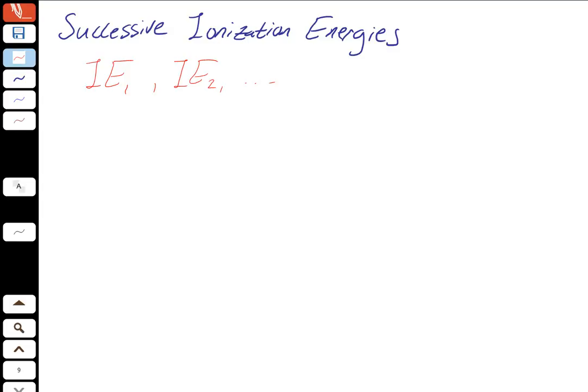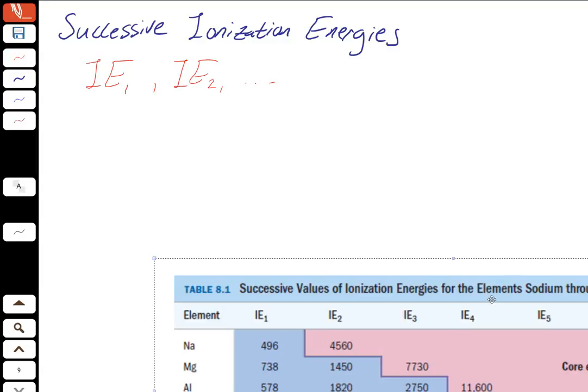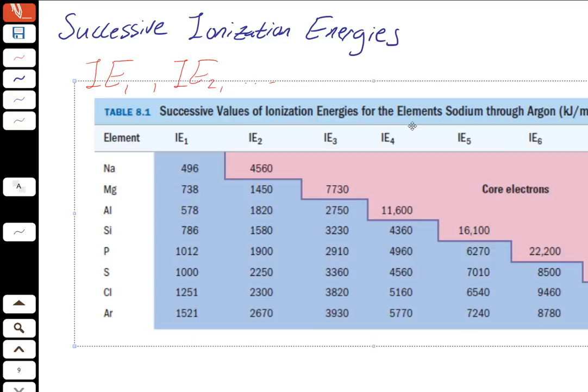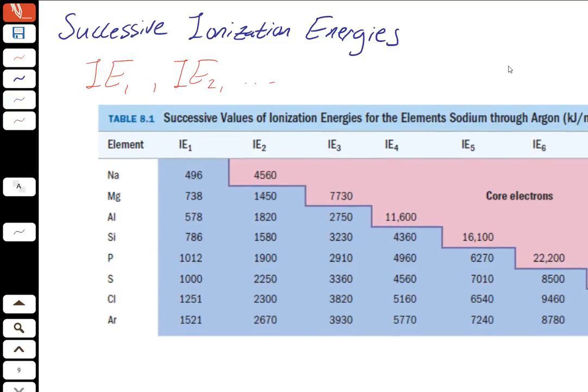So here's a table of successive ionization energies for third row, third period elements. Okay, so what do you see?